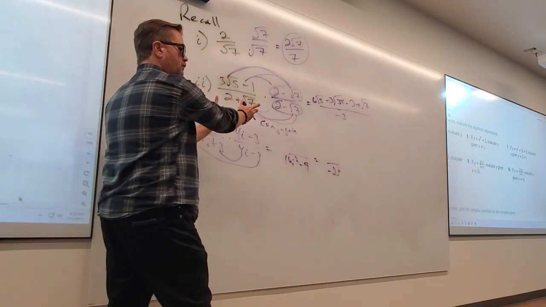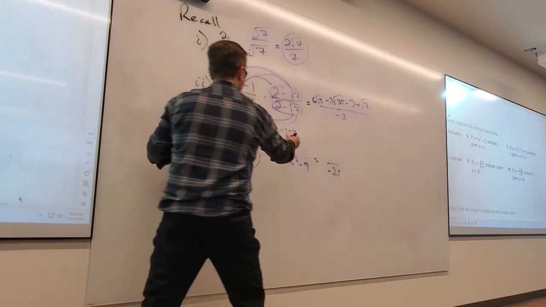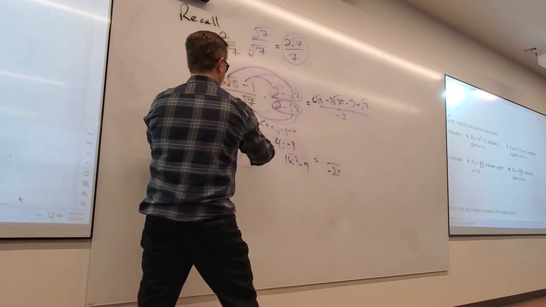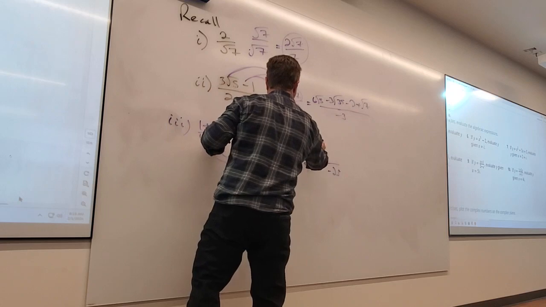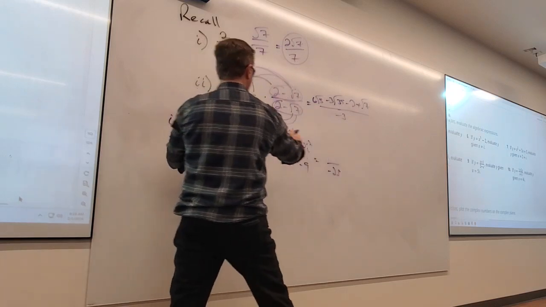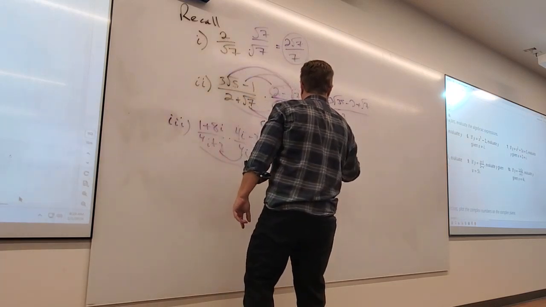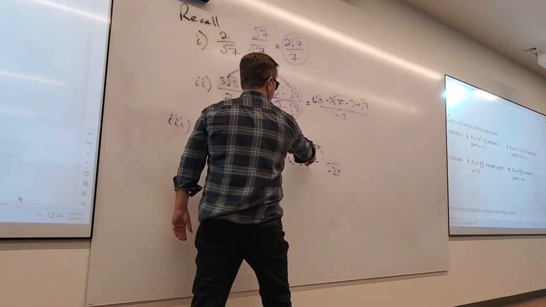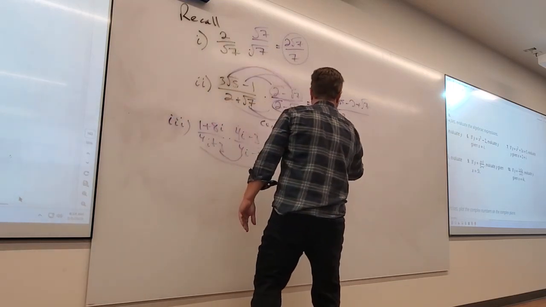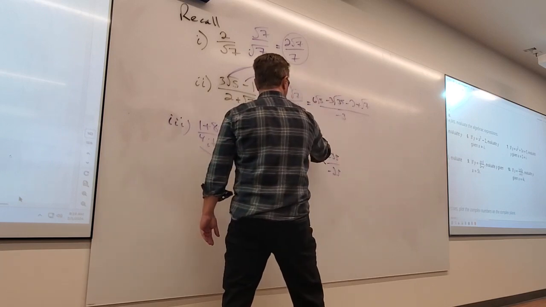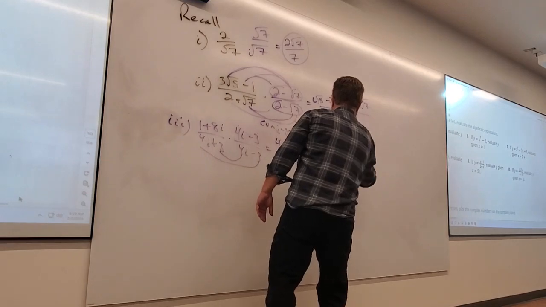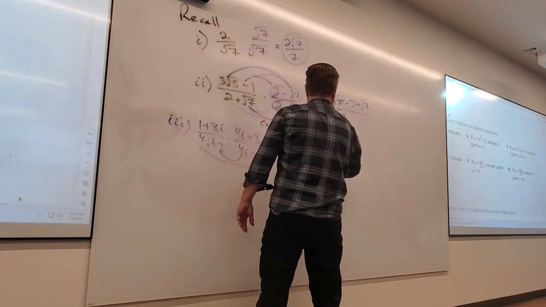So now on the top, you just FOIL it out. 4i minus 3 plus 32i squared minus 24i. And then you put your like terms together. 32i squared is -32, minus 3 is -35. Minus 24i plus 4i is minus 20i. I think that's right.